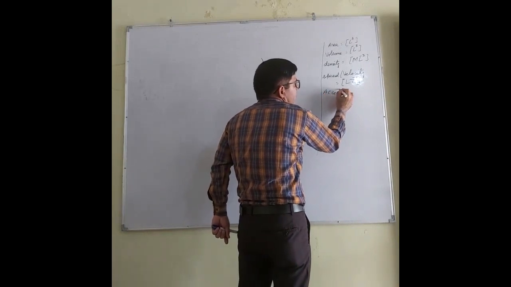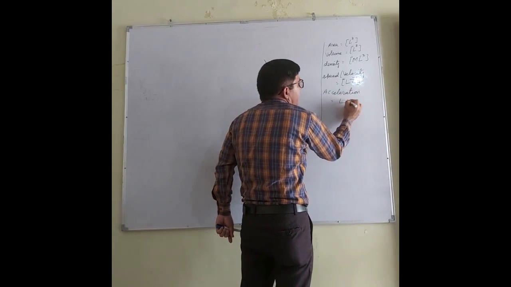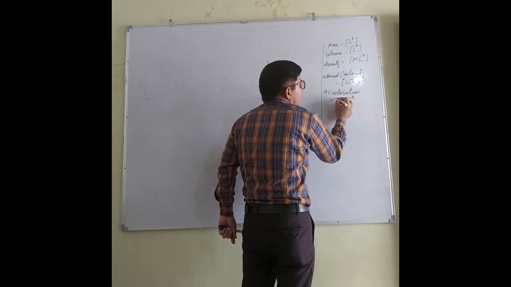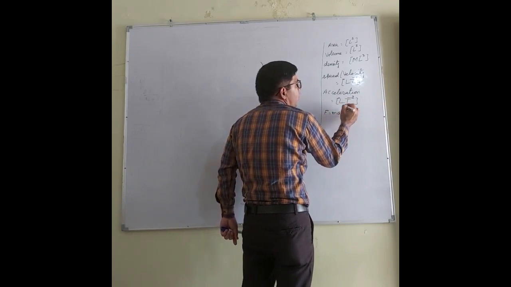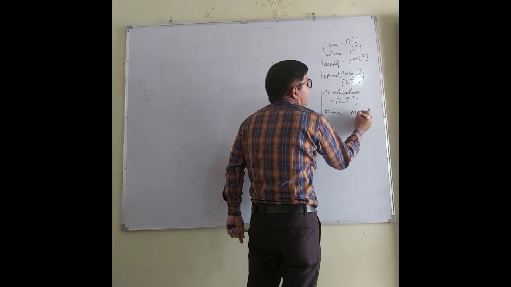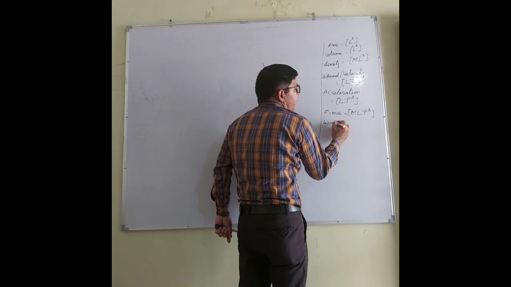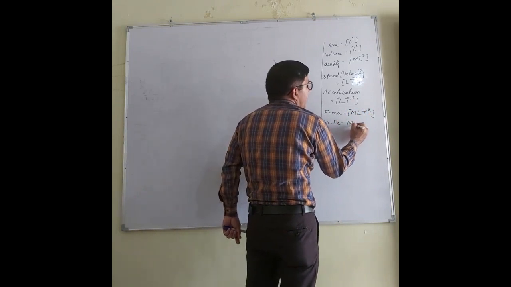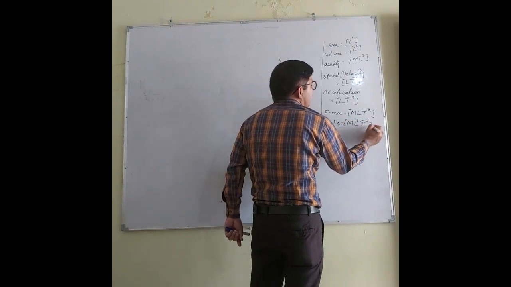Acceleration, it is L T minus 2. Force, M A formula all of you know, M L T minus 2. Formula of work, F s, M L square T minus 2.